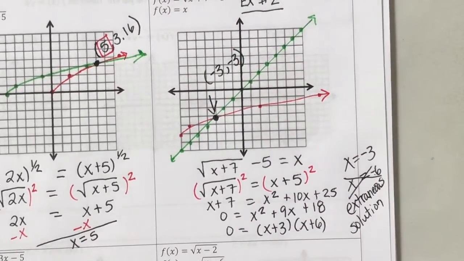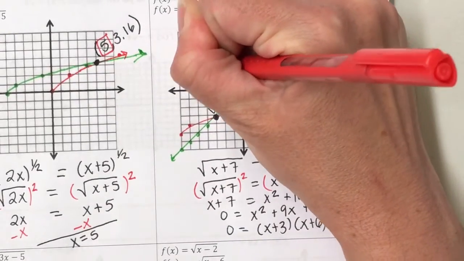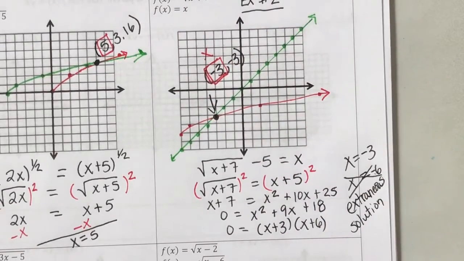So you see why they only have one point in common? They share an x value of -3. -6 is nowhere in this picture, and that is why -6 is an extraneous solution.